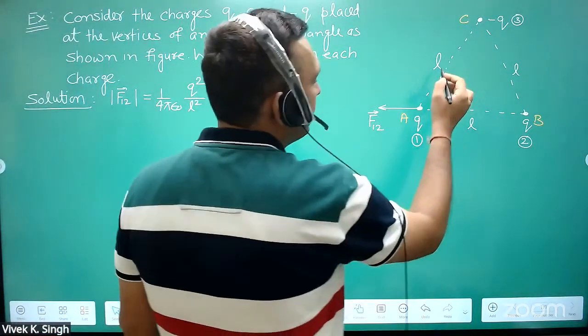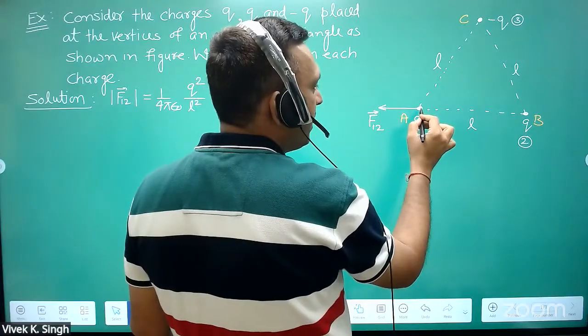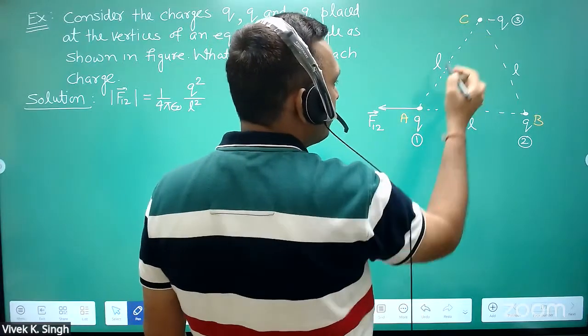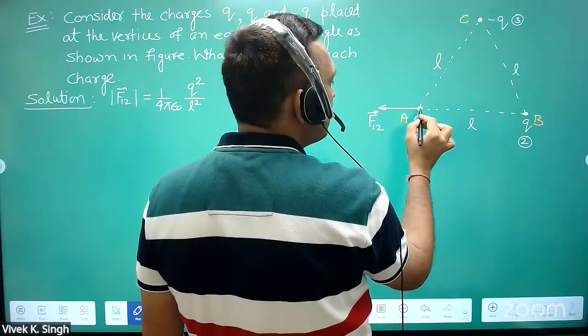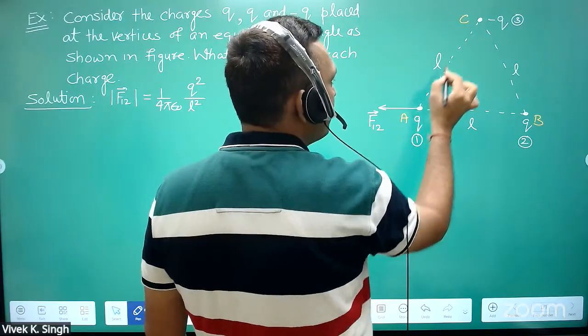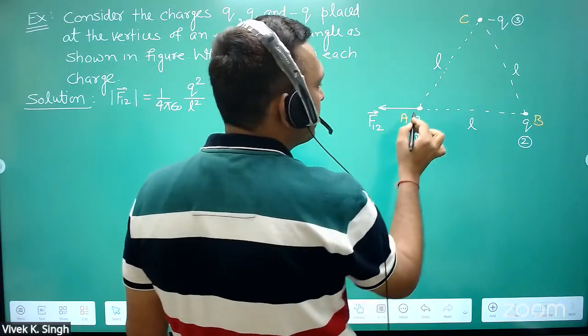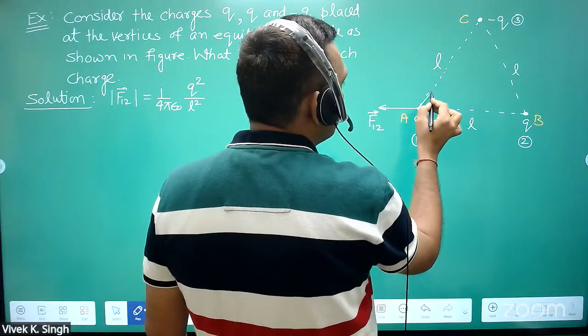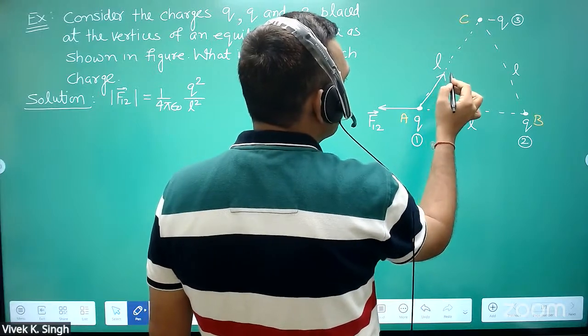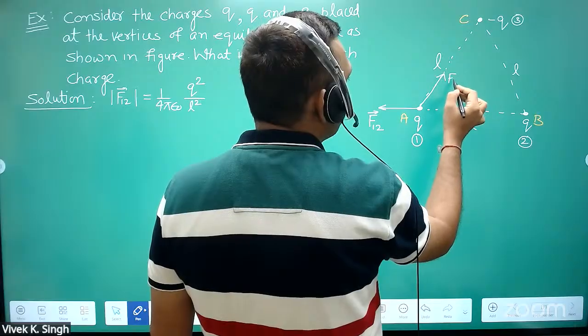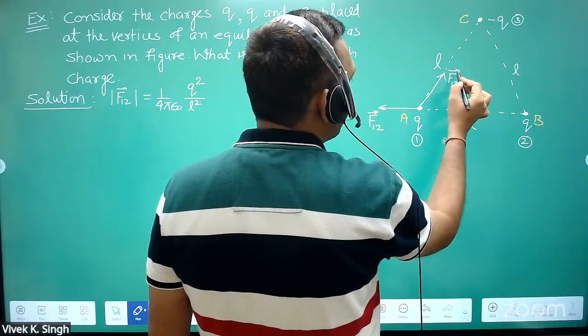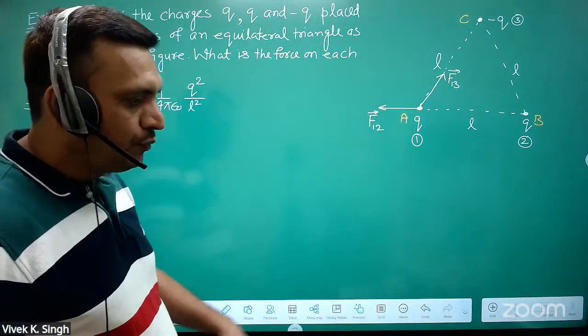And then what is the force experienced by this charge Q due to minus Q? This charge Q will experience force in the direction of minus Q. So I am writing this force as F13. How much will this force be?